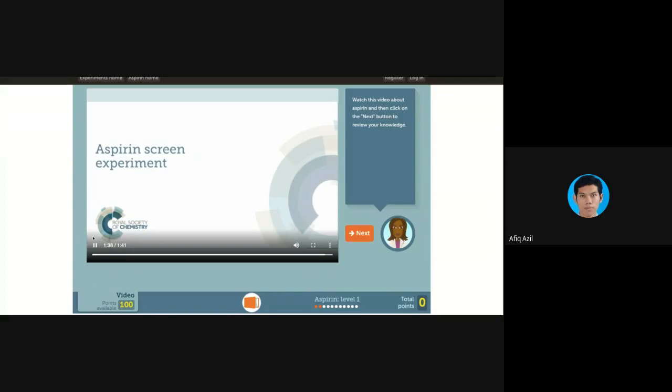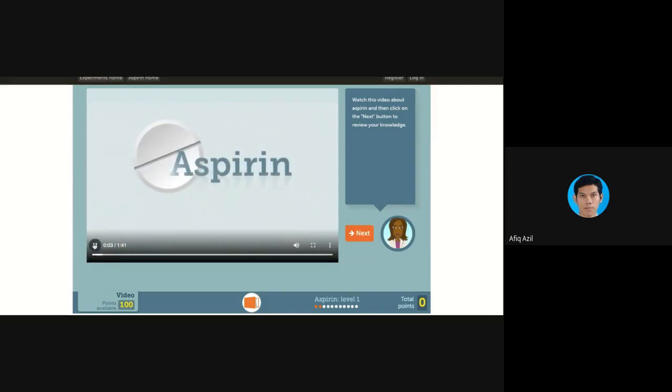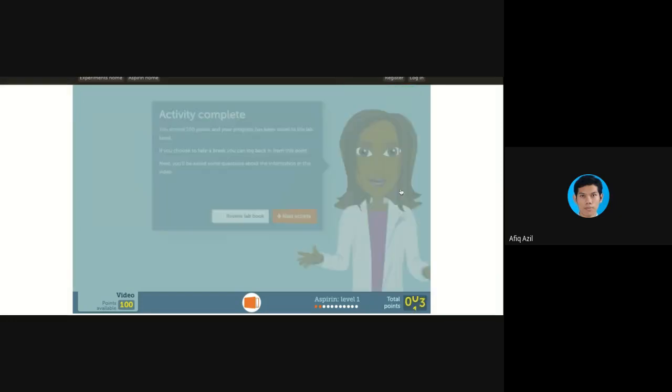Okay, so you have to watch the video before the interface will allow you to proceed. If you haven't watched the video and you want to click next, it won't allow you to do that. So you have to watch the videos until the end, then only you can press next, then click finish.